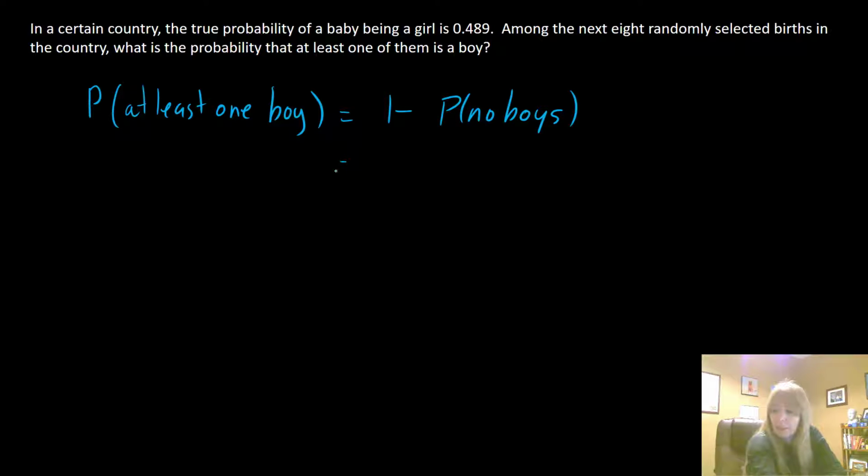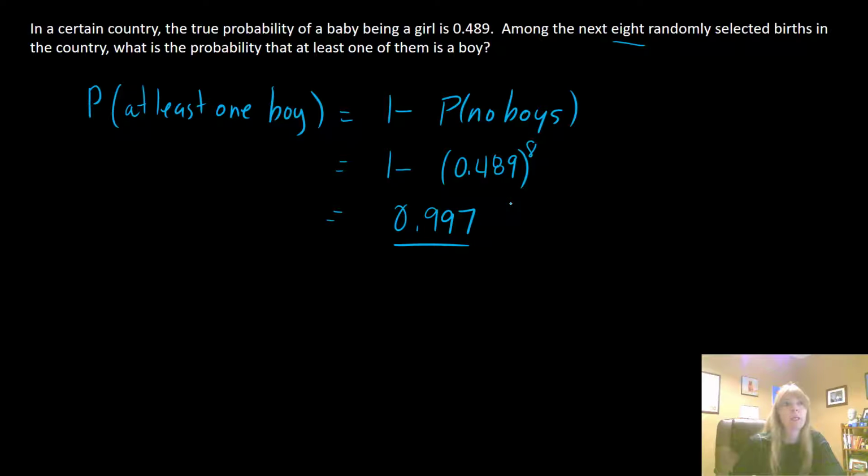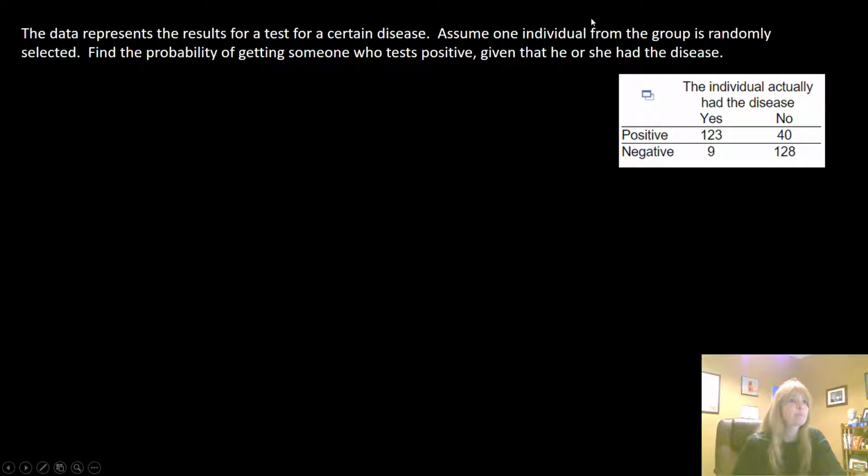In this case, what is our 0.489, and we want 8 children. So if you throw that in your calculator, you should get that value. Once again, using the complement, very, very helpful.